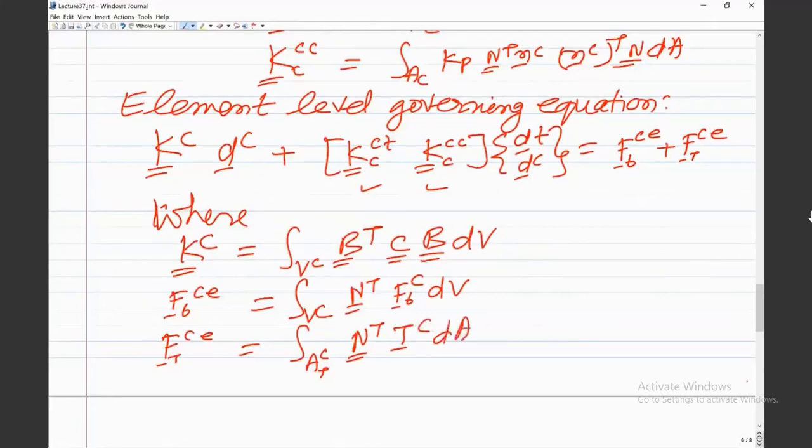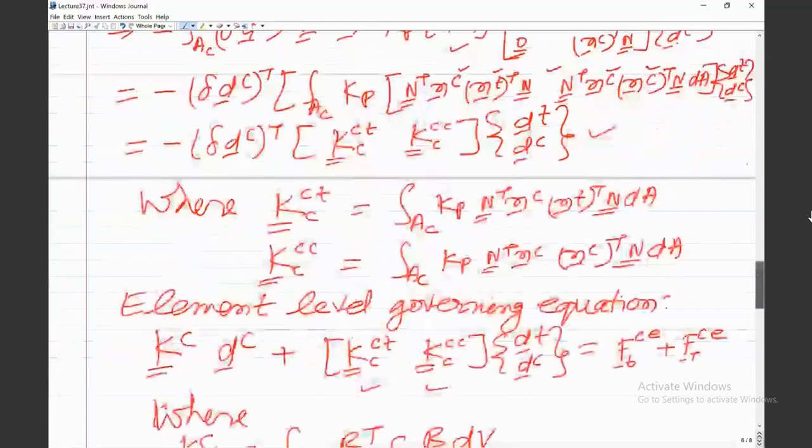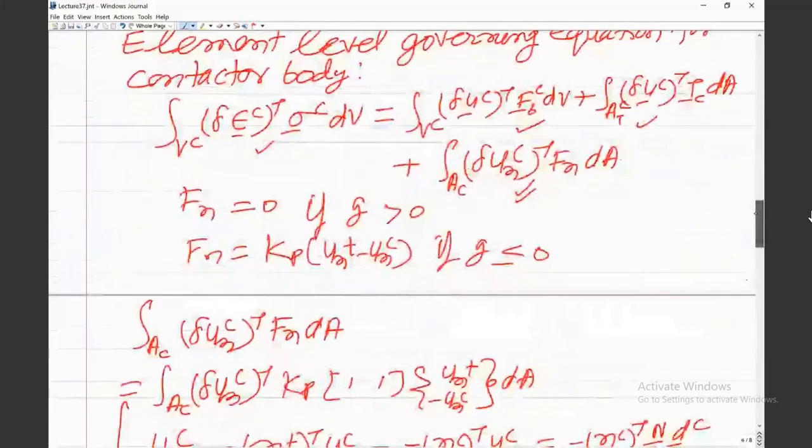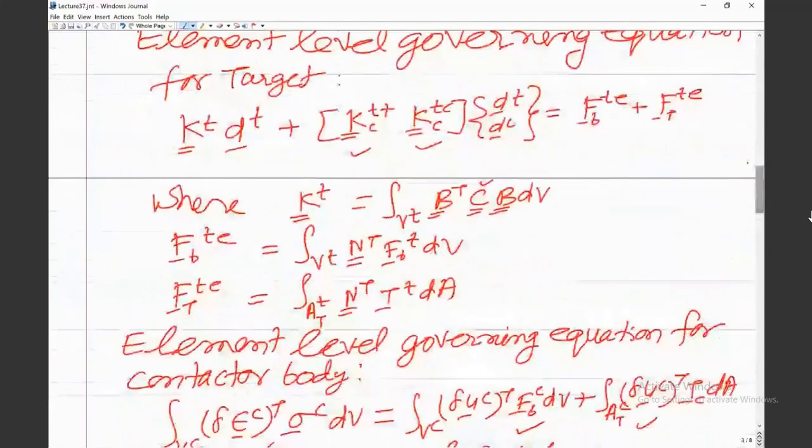So yeah, this is the element level governing equation. We have one element level governing equation for the target body and one for the contactor body.